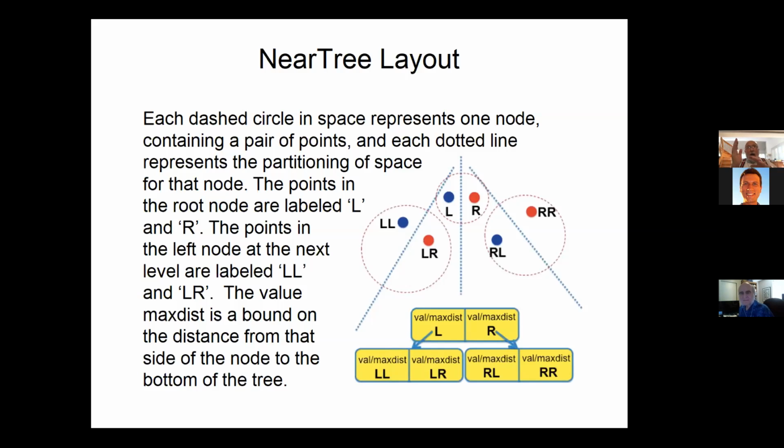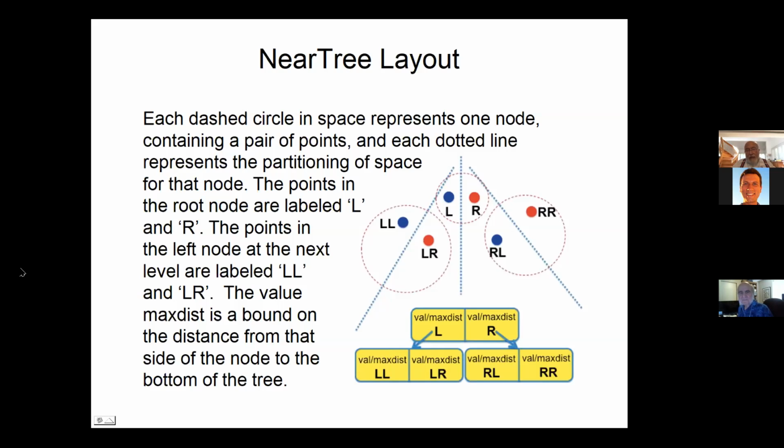Things on one side of that plane are nearer to one of the points. Things on the other side of the plane are nearer to the other point. Do that recursively. That's a very simple, very standard way to speed up your searches. Convert exhaustive linear searches to tree-based logarithmic searches.